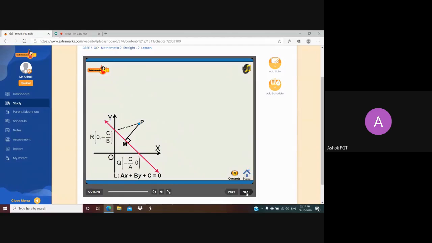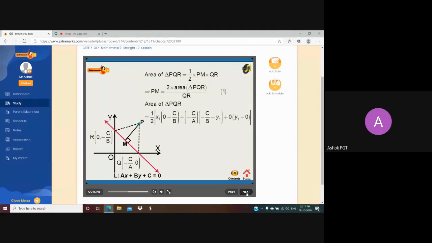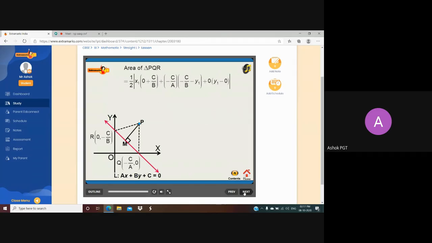Join PR and PQ. Now, area of triangle PQR is given by the following expression. This gives the value of the distance PN as shown. Now, by using the area formula, we have the value of the area of the triangle PQR as shown. Simplify the expression for the area of the triangle PQR.